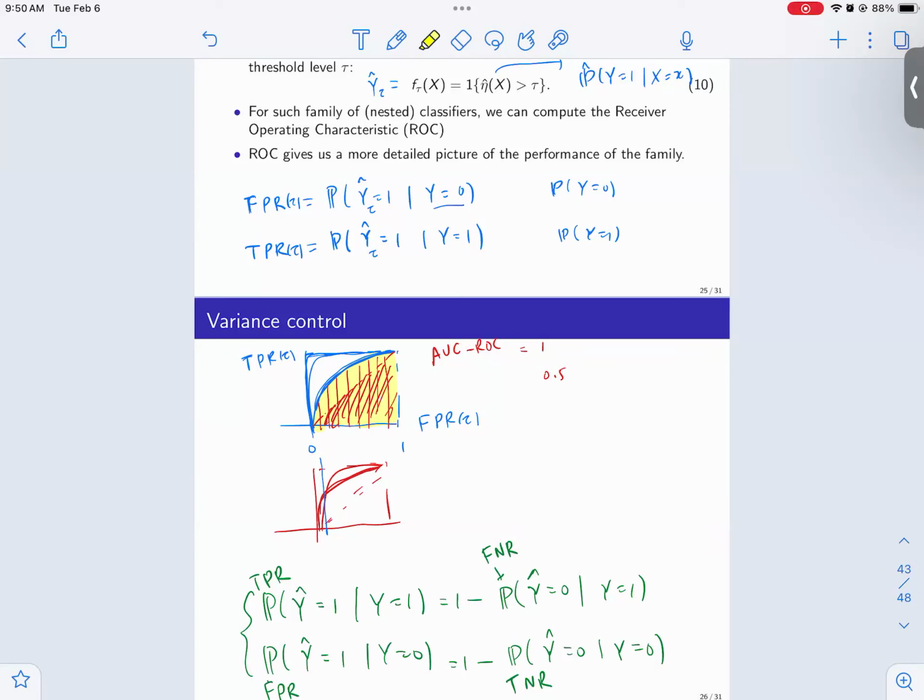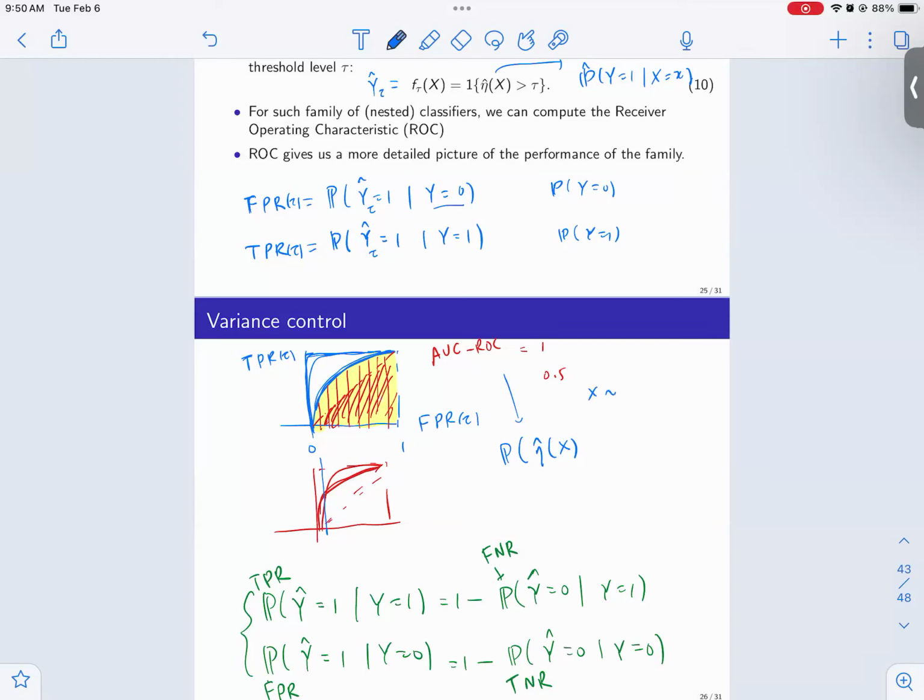I have a proof in the notes if you want, that this AUC can be interpreted as a probability. If I randomly pick one positive case and one negative case, what is the chance that I score the positive case higher?